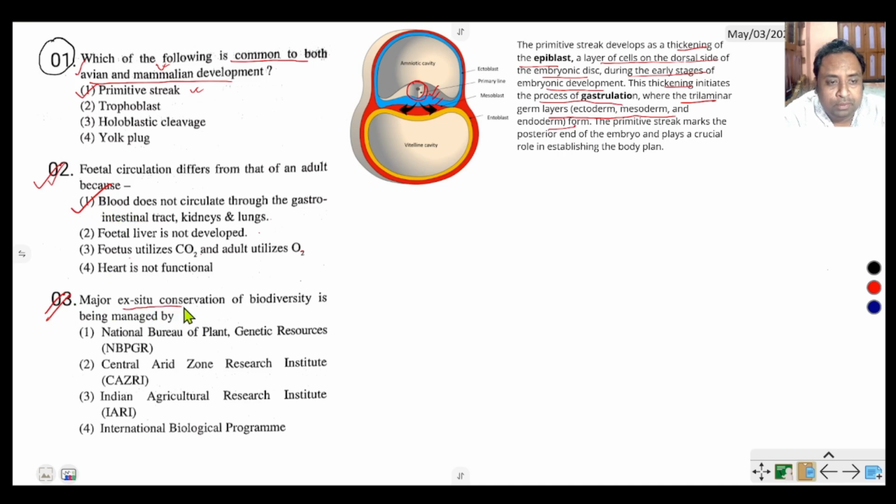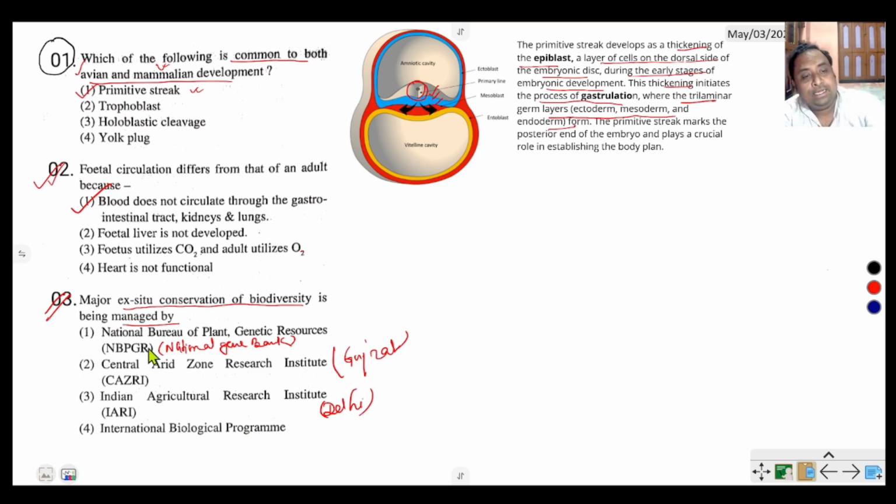Question number 3. Major ex situ conservation of biodiversity is being managed by the National Bureau of Plant Genetic Resources, NBPGR, also called the National Gene Bank, or the Central Arid Zone Research Institute, located in Gujarat, or the Indian Agriculture Research Institute, present in Delhi, or the International Biological Program.